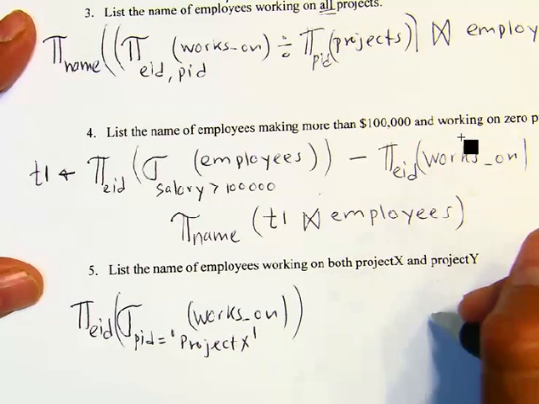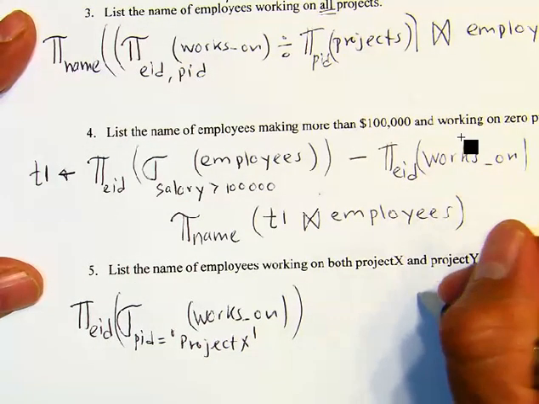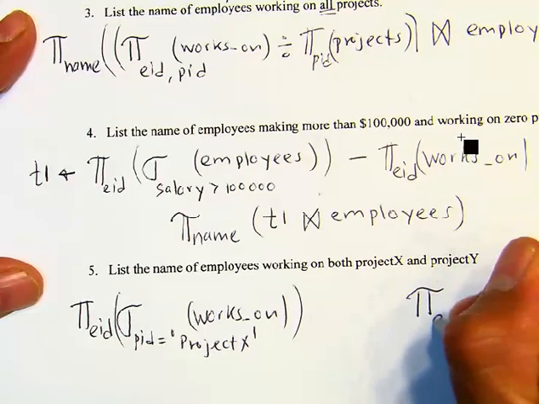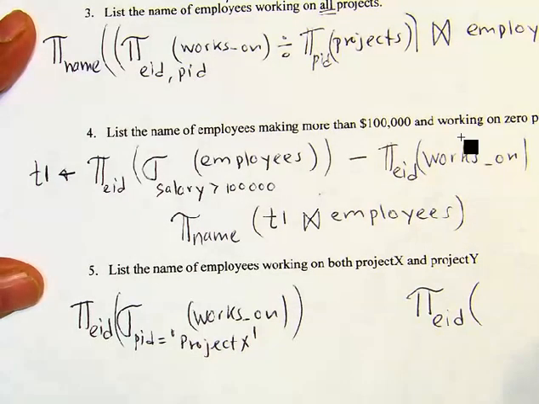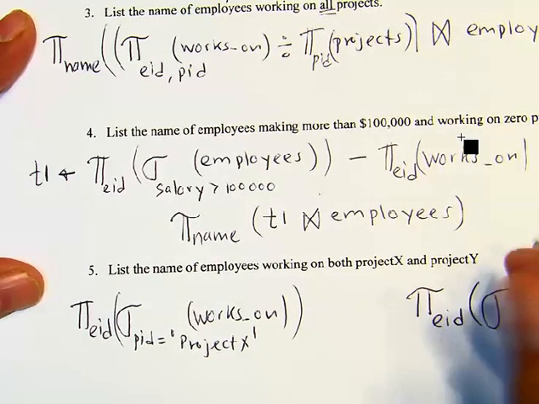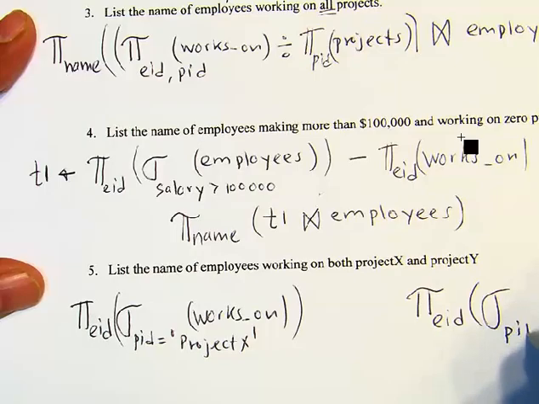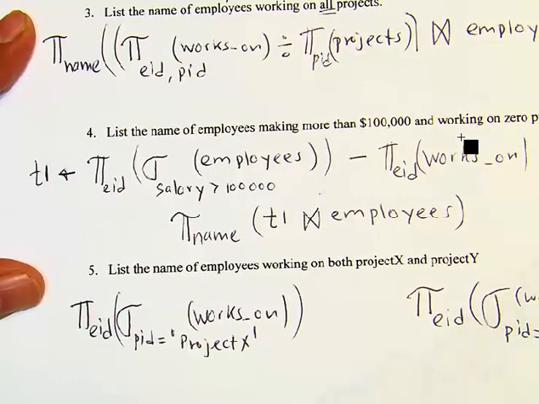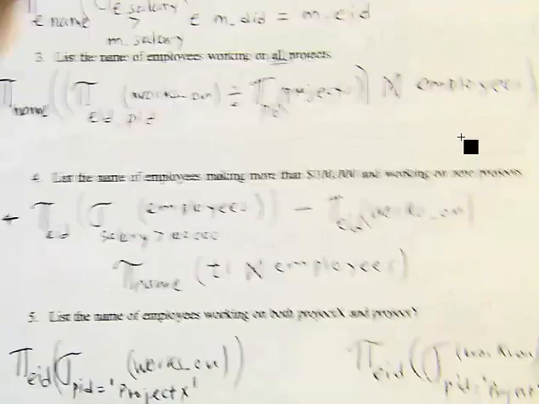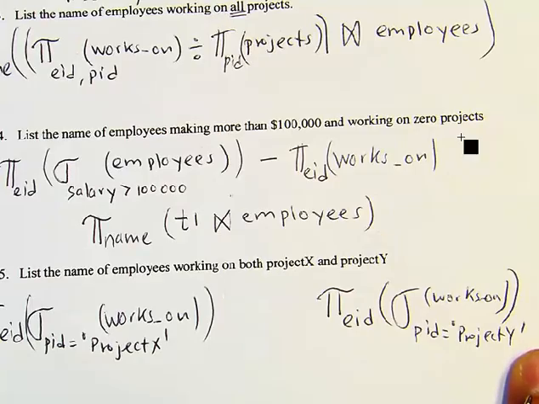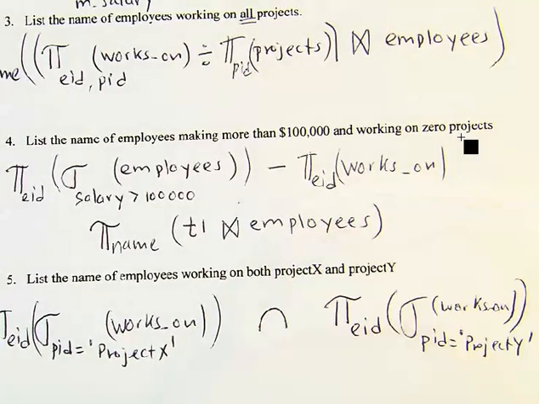Let's do the same here: we get the list of those. Here we have a sigma where PID is project Y on works on. Let me copy the same thing here, and then here we do the intersection of those two.